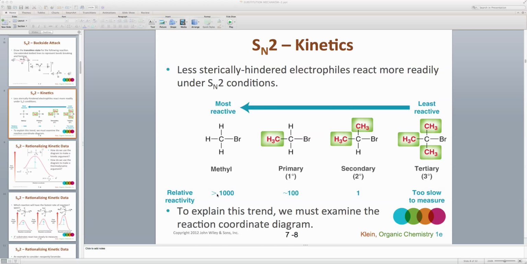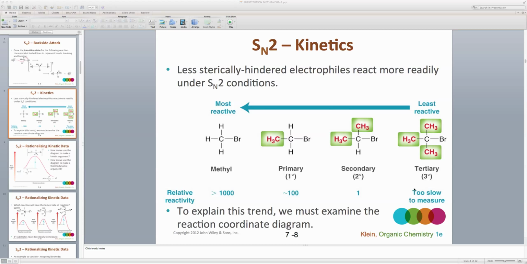If we look at the relative reactivity, we're going to set the secondary electrophilic carbon as our standard, so it has a relative reactivity of 1. Notice that the methyl electrophilic carbon has a relative reactivity of greater than 1,000. And the primary has a relative reactivity of about 100.